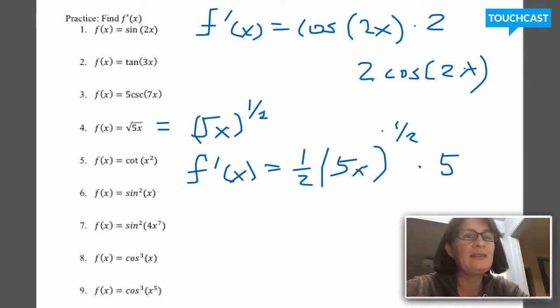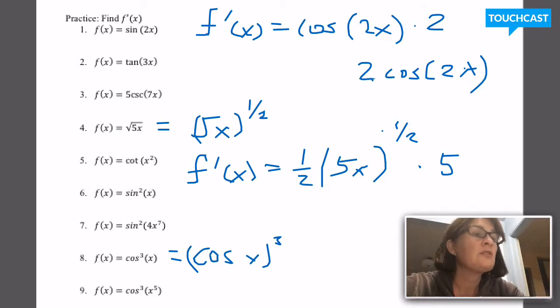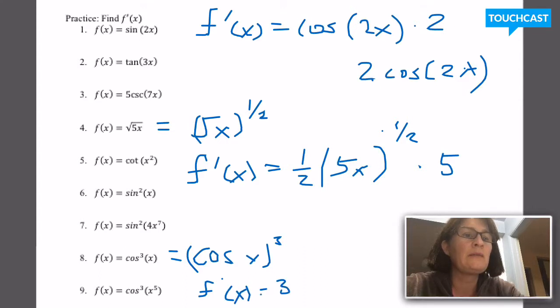Take a look at number 8. Just remember that this notation, we read it cosine cubed of x, but it means take the cosine of x and cube that result. So how do I take the derivative of something getting cubed? Well, the derivative of x cubed would be 3x squared. So we're going to use that same pattern. f prime of x here is going to equal 3 times cosine of x, which was getting cubed.